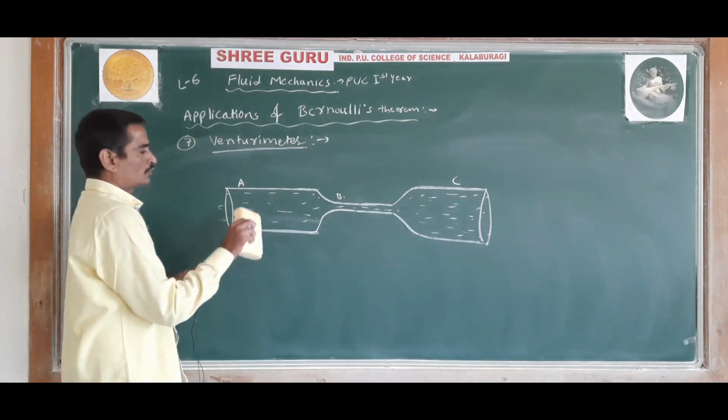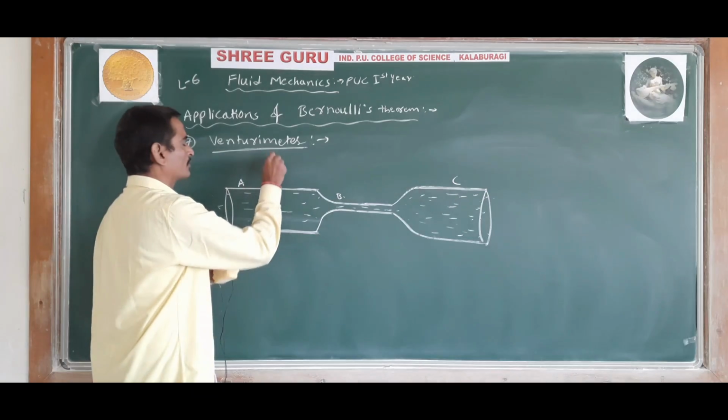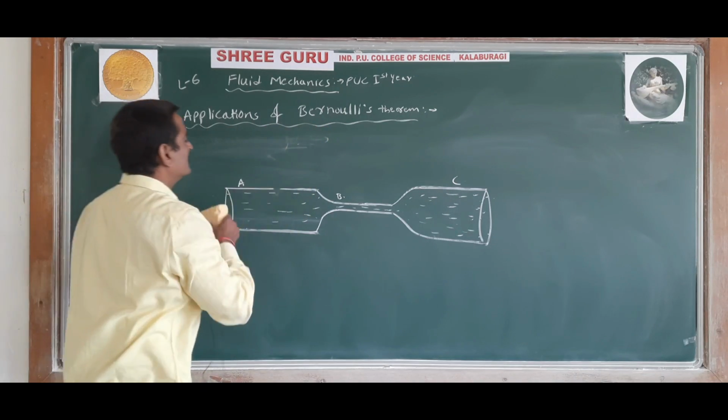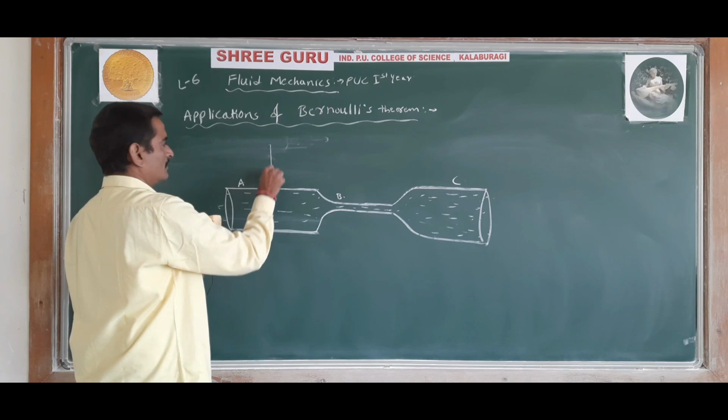So here, two more tubes, that is two vertical tubes D and E, are connected.